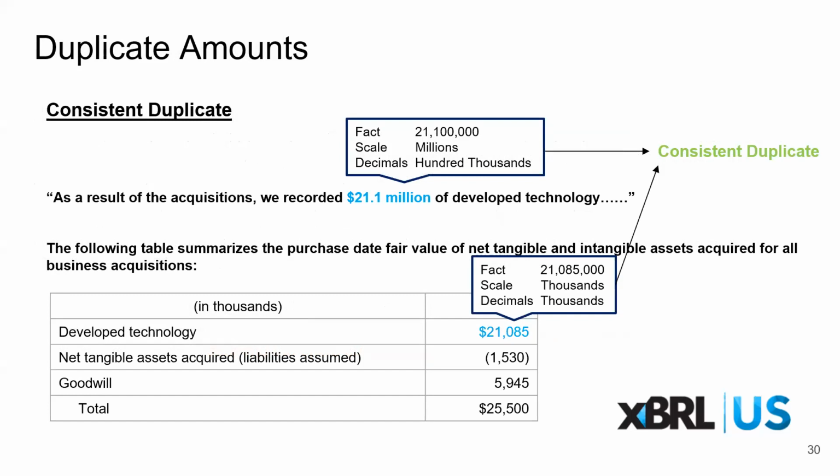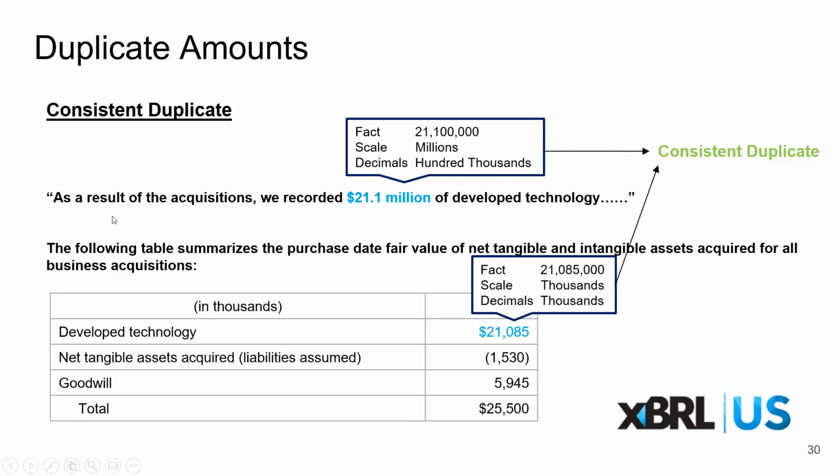If you look at the amount in the paragraph at the top, it's 21.1 million, and its scale is in millions, and the decimals is in 100,000s because it's 0.1 million. Then you have the amount in the disclosure table below that is in thousands, 21,085, by scale as well as in decimal. Those two amounts will be considered consistent duplicates because they round to consistent values.